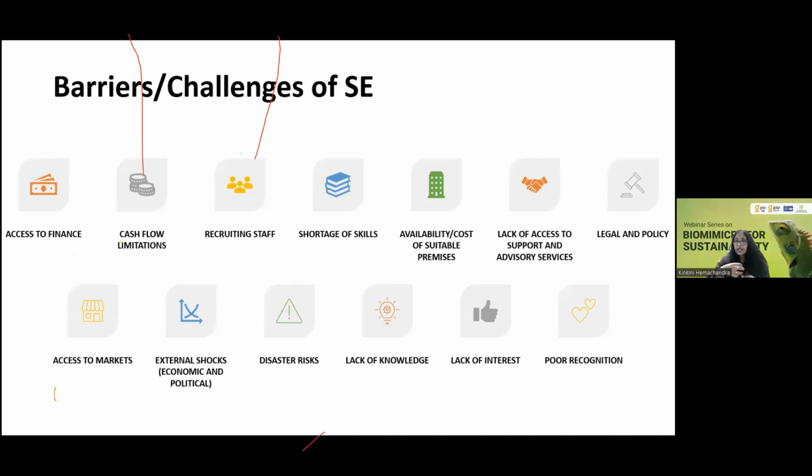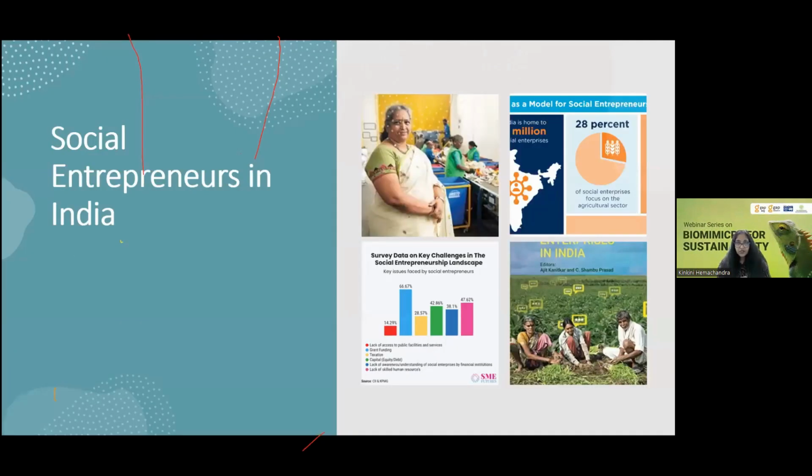Are they catering across the world, or are we looking at localized concepts? And also legal and policy, how do we monitor? What are the monitoring mechanisms available within the living organism, and bring that concept into our social enterprises. I hope you are getting little by little what we meant from this talk.